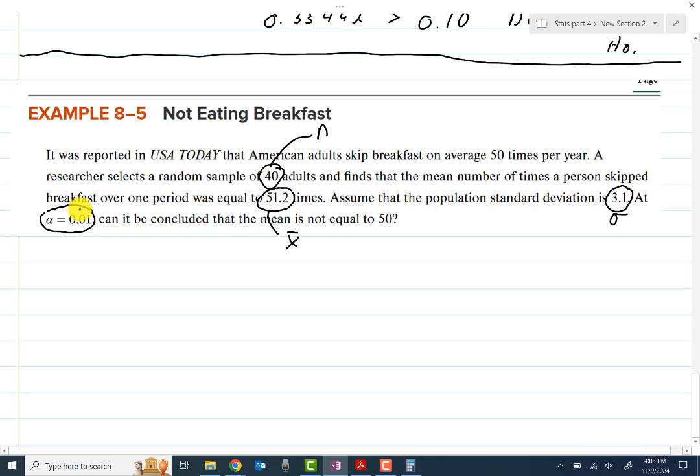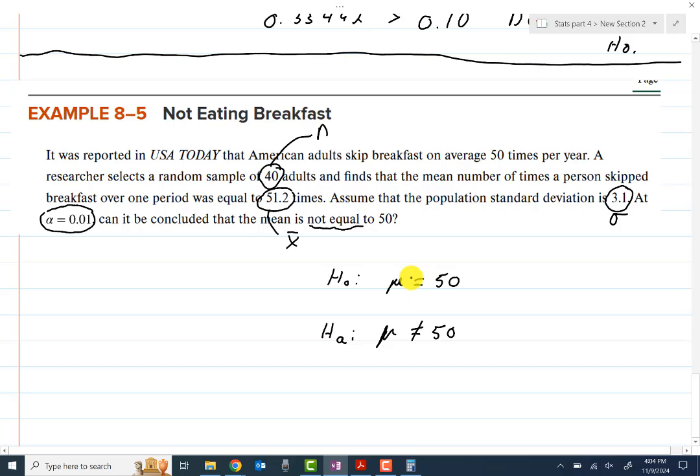This is a little bit different than all the rest of the problems. Let me set up the H naught and HA and then go from there. Here, not equal is a little bit different. It's not less than, it's not greater than, it's not equal. Not equals always go in the H sub A section, so we simply put this. And then the opposite of that goes in the first part, and that would say that mu actually is equal to 50.